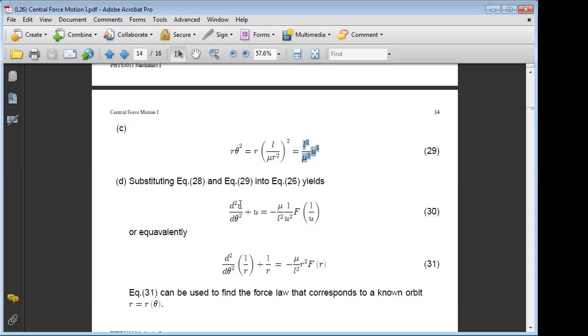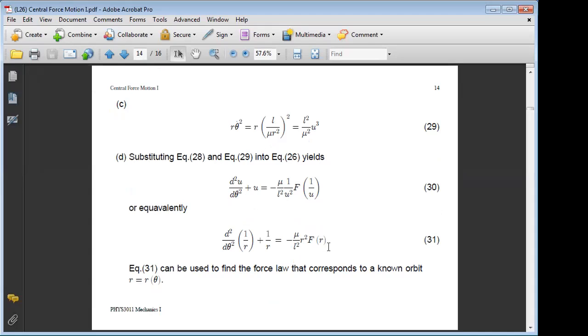The second derivative of u with respect to theta plus u equal to minus mu over L squared times 1 over u squared times the central force. Now we express everything, we go back to r again. This equation 30 is equal to this.